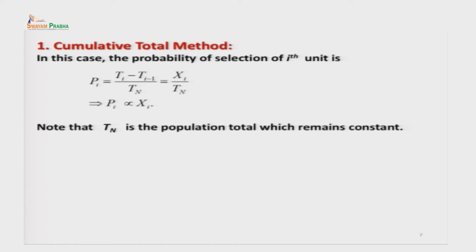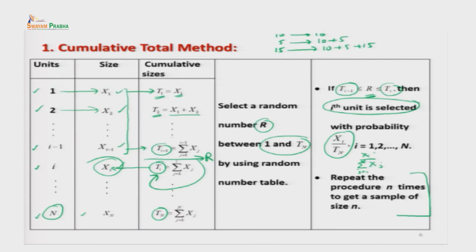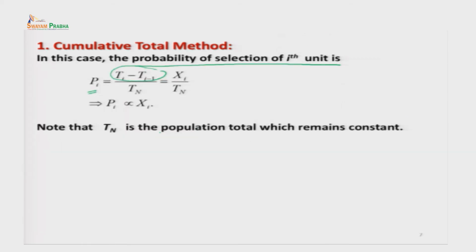Right. Now in this cumulative total method, the probability of selection of the ith unit is Pi, which is actually Ti minus 1 upon Tn. That is the probability, because you are simply trying to see whether this number is lying between Ti and Ti minus 1 or not.